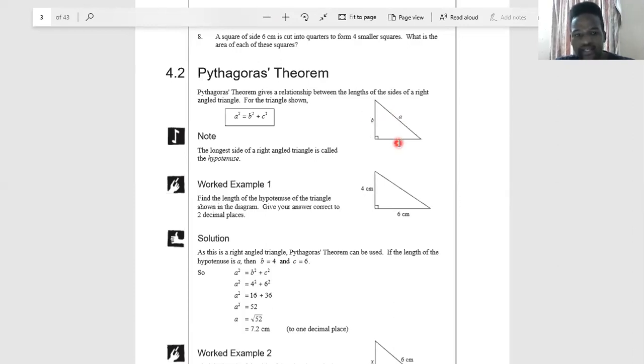So what Pythagoras was saying basically was a squared, or hypotenuse squared, is equal to the altitude or opposite. But since I said we'll be using opposite, let's stick to opposite. So the hypotenuse squared is equal to the opposite squared plus the adjacent squared. I think we are clear on that one, guys.